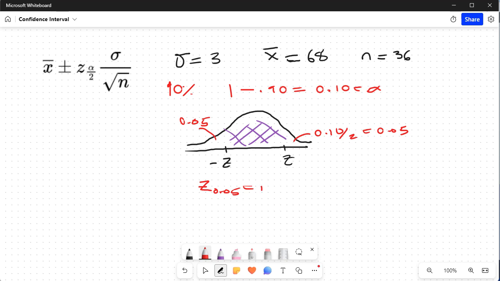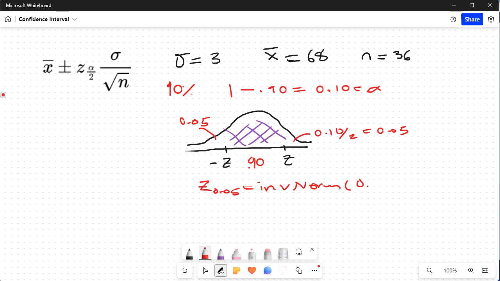To do this we would have to take the inverse norm. The area to the left is 0.05, plus this middle area, which is 90%, so that would be 0.9.